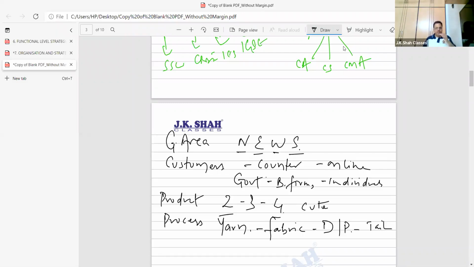On the basis of the process, departments can be made. So you can have, students, expansion. And when that expansion takes place by having divisions, multi-divisional, it's a divisional structure.